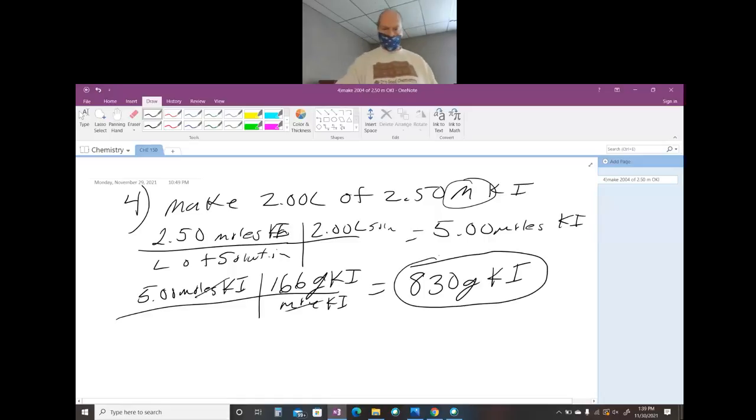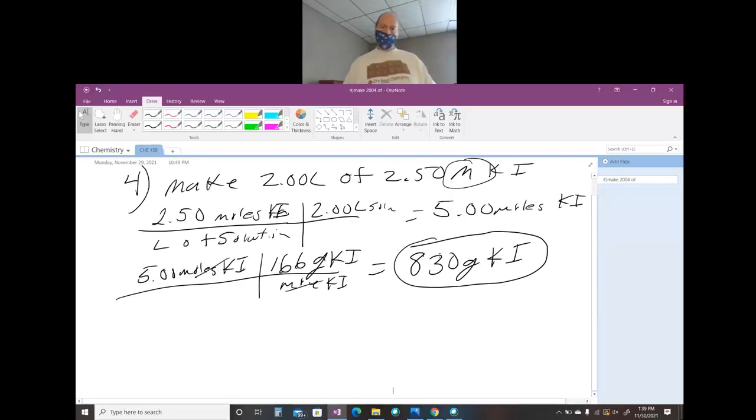To make a molar solution, you will use a volumetric flask. Whatever amount you need, that's the size of the volumetric flask. So we need a 2-liter volumetric flask.